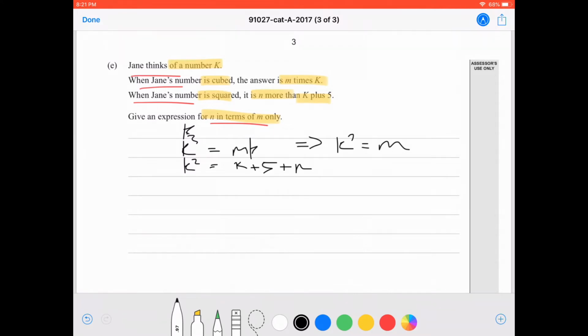Okay, and even taking it a step further, we could say k equals the square root of m, because we're square rooting on both sides now.